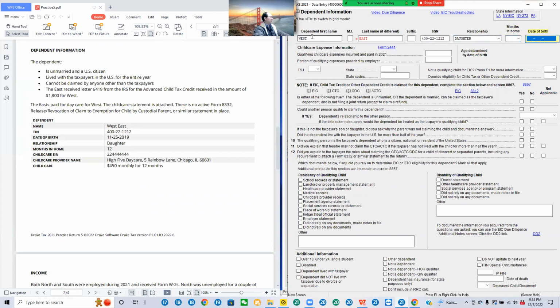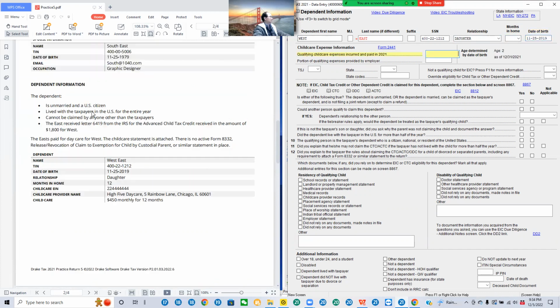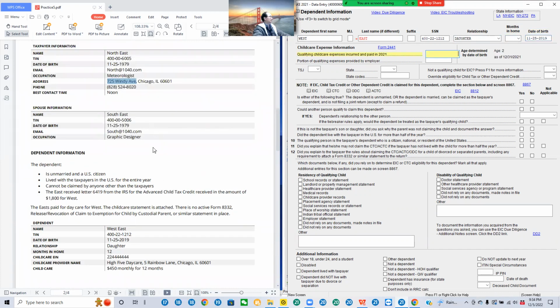The birthday is November 25th. And in this illustration, say the whole family has the same birthday, November 25th. It's possible, but it doesn't happen often.